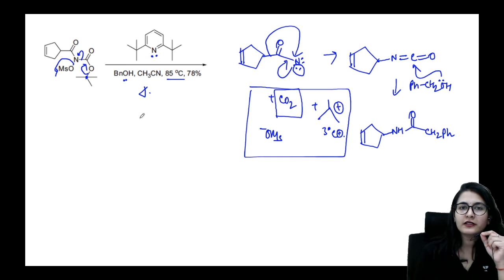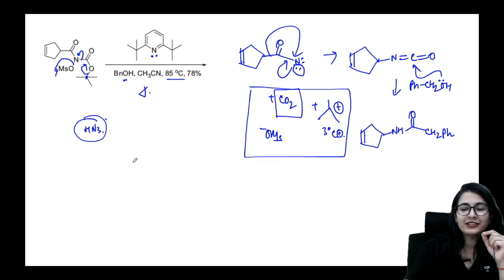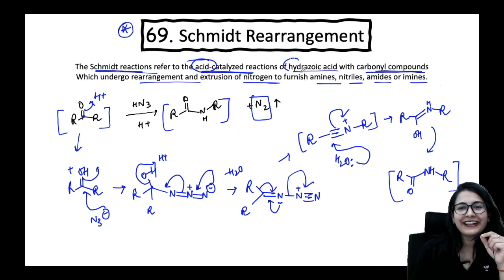Curtius takes place in the presence of heat or light, using the acyl azide, and Schmidt rearrangement takes place by the use of HN3, hydrazoic acid, on ketones.